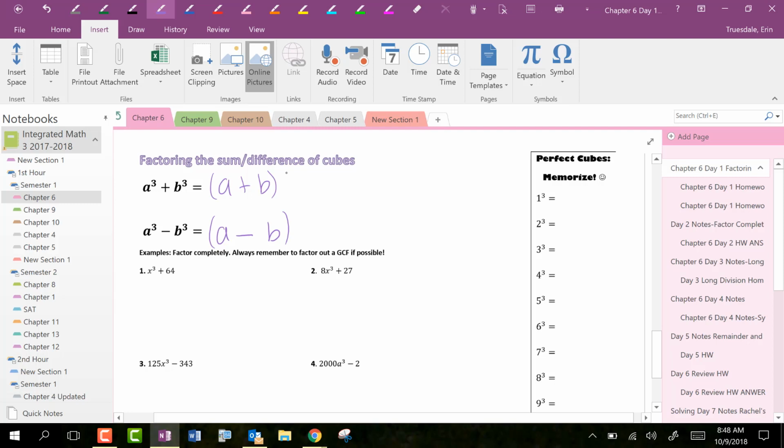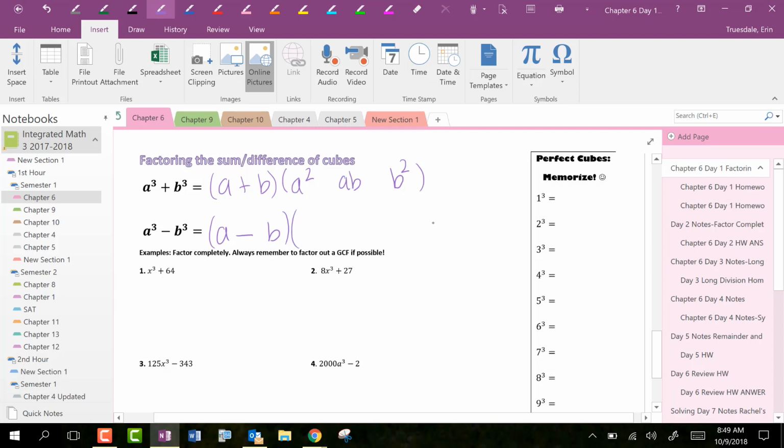The second factor always has the same format. You take the first number that you put here and you square it. So a squared. You take the last number that you put here, this b, and you put it at the end and square it. And in the middle, you multiply those numbers together. So a times b goes in the middle.